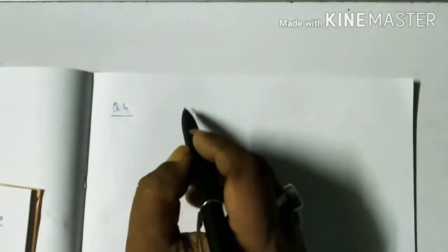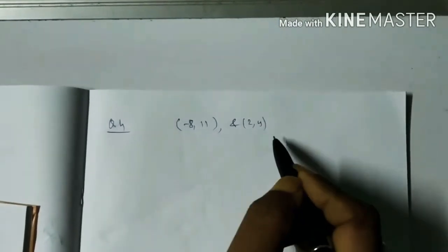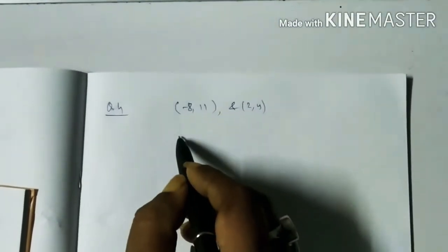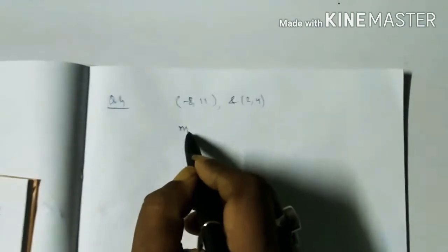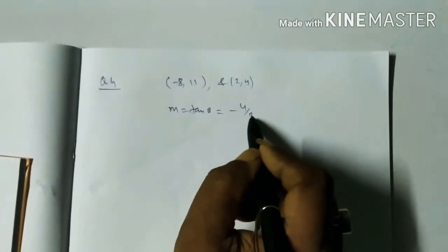So here the line is passing through points (minus 8, 11) and (2, y), and that is m, equal to tan theta. It is given to you, it is minus 4 by 3.